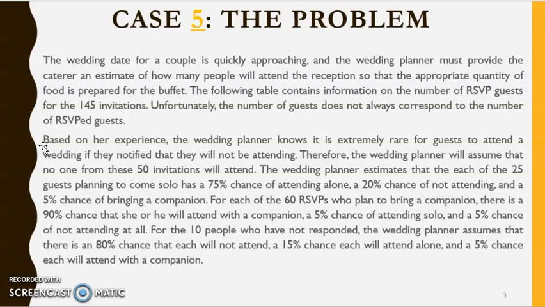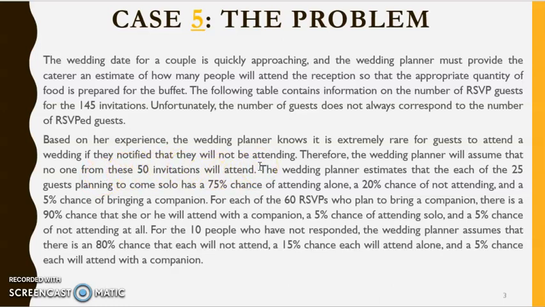So if they have said we are not attending the wedding, they for sure will not attend. So we can be certain regarding that invitation, and it says 50 of the invitations would have 0 guests. Therefore, the wedding planner will assume that no one from these 50 invitations will attend.